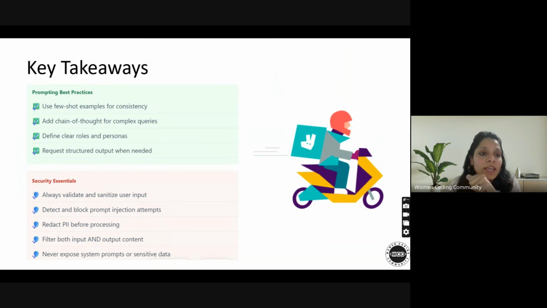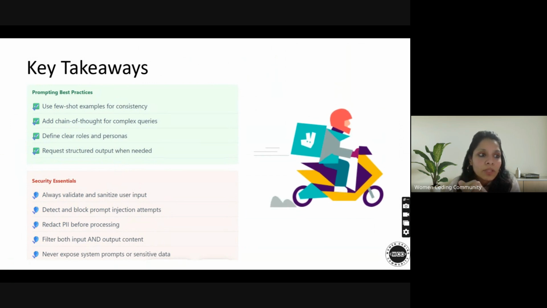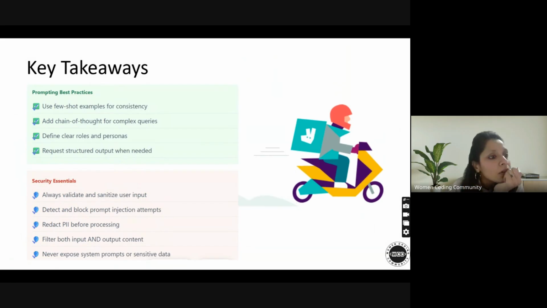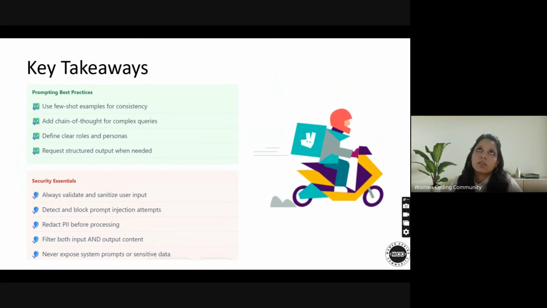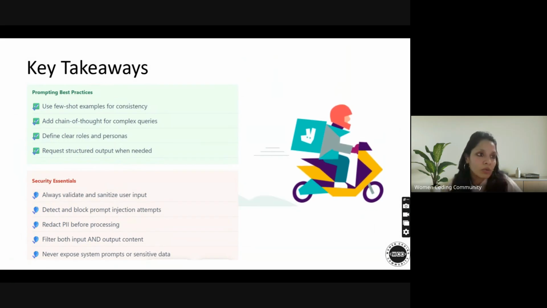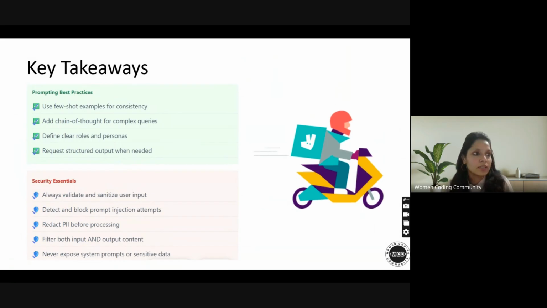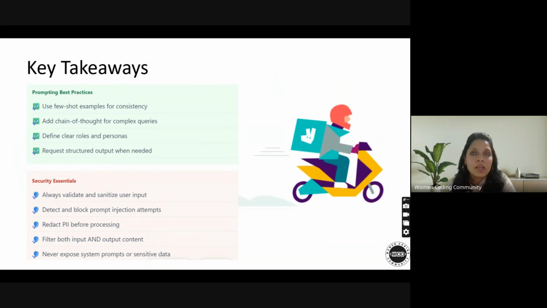So what are the key takeaways? Prompting best practices. How did you create this pattern list? Is there a place you can get this reference? The regex for security guardrails, I mean. Again, as I mentioned, I have played around with ChatGPT and stuff like that to build that content for security guardrails.